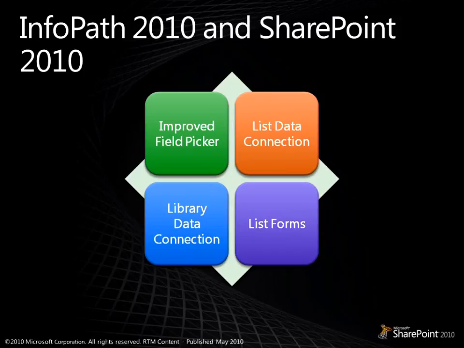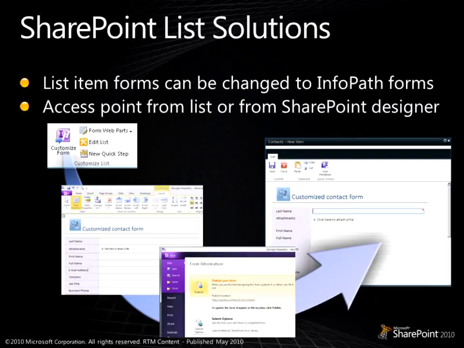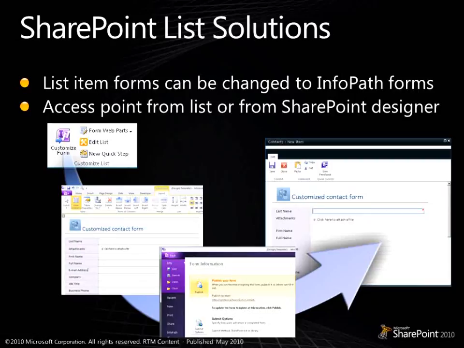InfoPath forms enable end users to create solutions without needing to engage IT organizations, and this definitely provides more flexibility on your SharePoint deployment. One common place to use InfoPath forms is to replace the out-of-the-box list view or other list forms.